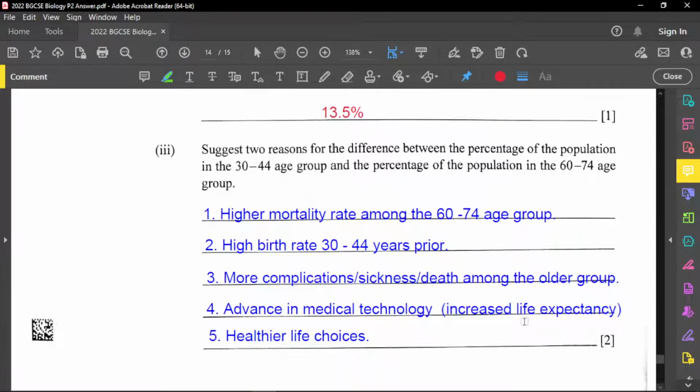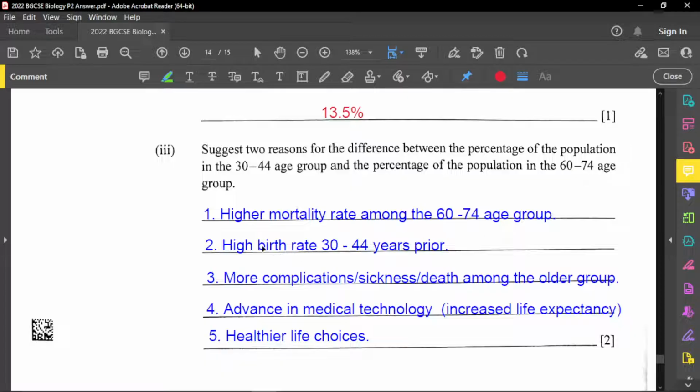For part 2, it asks for 2 reasons for the difference between the percentage of the population in the 30 to 44 age group and the percentage in the 60 to 74 age group. You can answer this in many different ways. They're looking for 2 points, and they ask for 2 ways. Among the 60 to 74 age group, you can have a higher mortality rate, which means the death rate will be higher among that group.